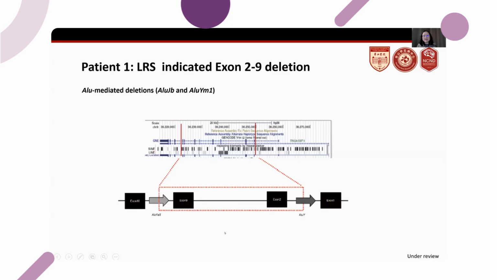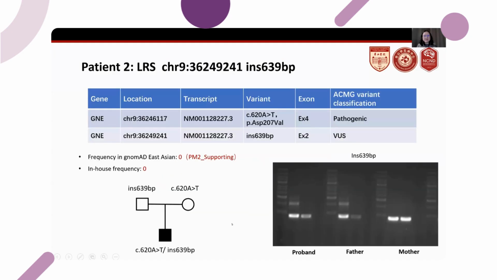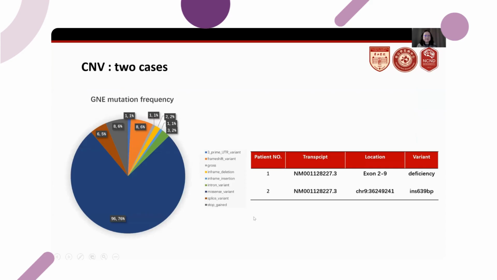Also, in this study, we found one more patient with the Alu-mediated deletion of exon 2 to exon 9. And we also verified previously reported cases. Using long-read sequencing, we found an insertion of 639 base pairs of unknown origin.